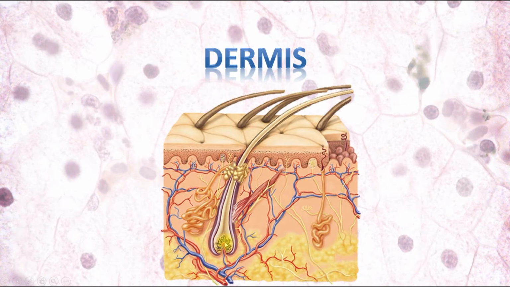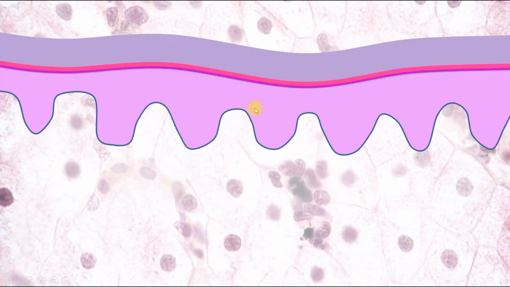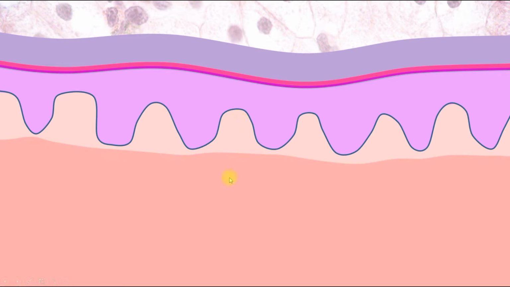And now let's go to structure of dermis. So what are the features of the dermis structure? You already know that there is epidermis and papillary dermis and reticular dermis.